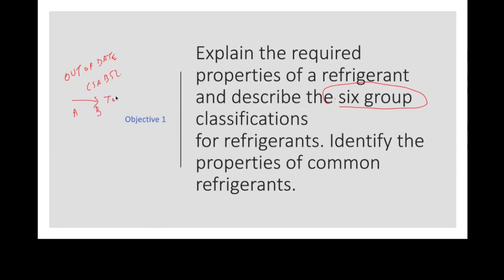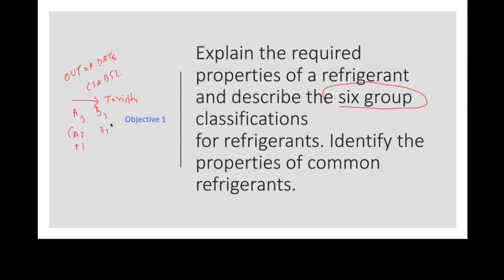As the letter goes along, they become more toxic. This is one of the properties that we're concerned about with refrigerants. And then we've got 1, 2, and 3. So we've got A1, A2, and A3, B1, B2, and B3 refrigerants.